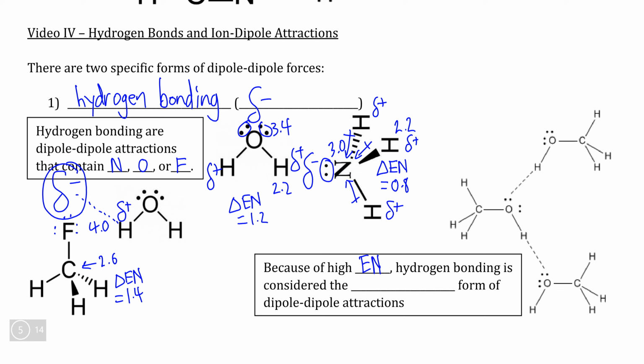For that reason, hydrogen bonding is considered the strongest form of dipole-dipole interaction because of the large differences in electronegativity between each of these three elements and hydrogen, resulting in a stronger pole and a stronger attraction between themselves and the oppositely charged poles in similar molecules.